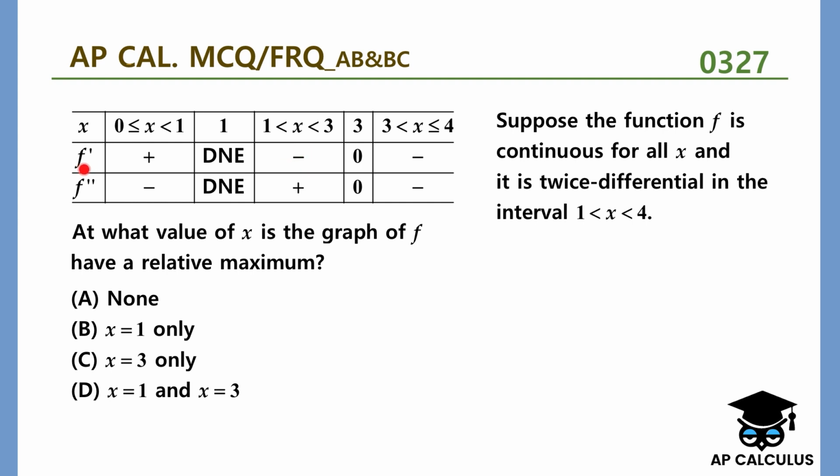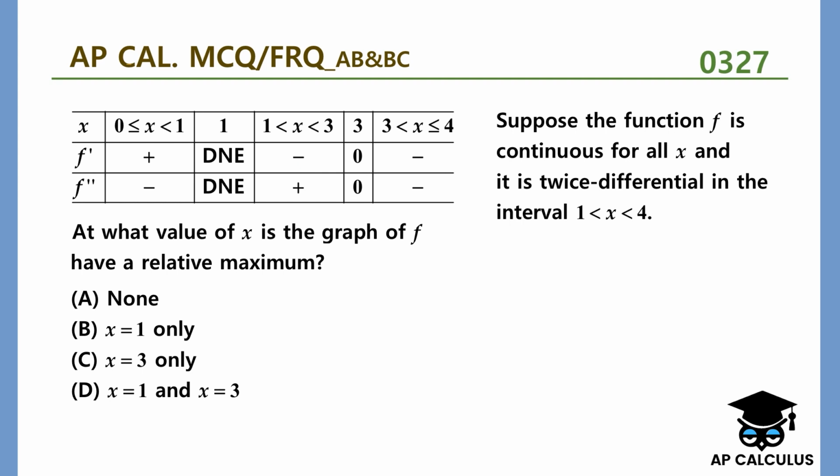Here, when we look at the value of f prime at x equal 1, it does not exist, right? But the function is continuous, right? Then that means we do have a relative maximum at x equal 1 even though f prime is undefined, because the sign changes from positive to negative.